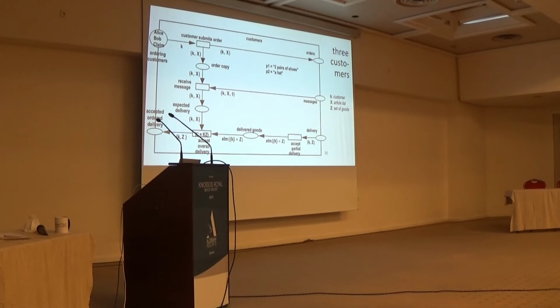Okay, here is a completely different thing. Here we have Alice, Bob, and Claire, 3 clients, and they all behave according to the same schema. So now we say, here is a variable k, and you have to instantiate the variable customer.